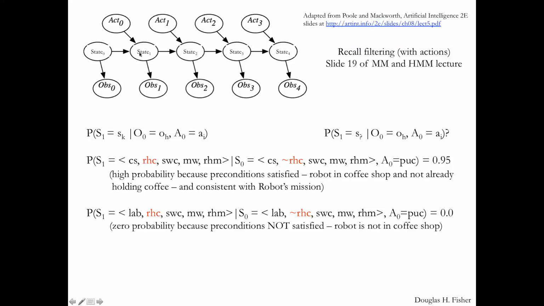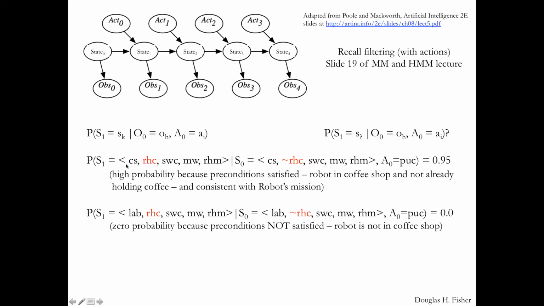So each of these states here, the domains there, can be drawn from a domain that looks like this. The robot is in the coffee shop, the robot has coffee, Sam wants coffee, and then these are about the mail system. And so in this case, we might represent a conditional probability at one of these locations.